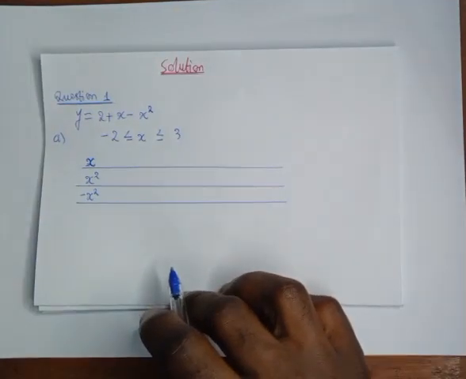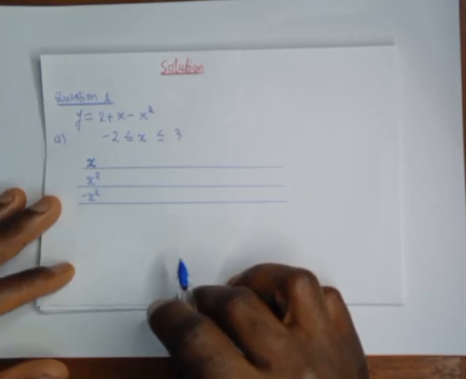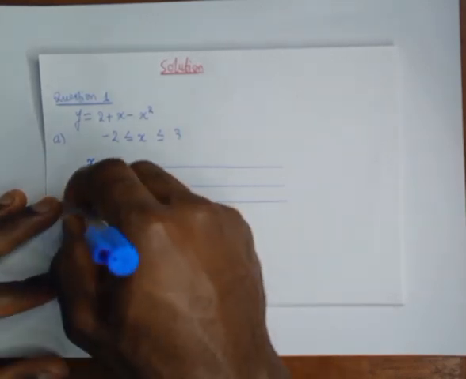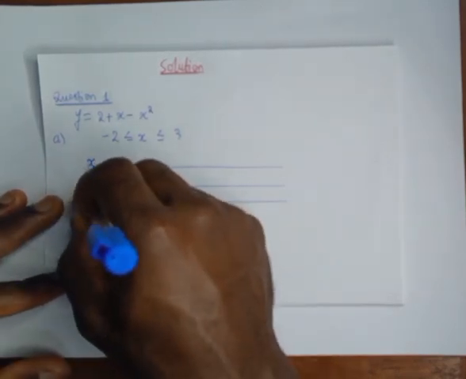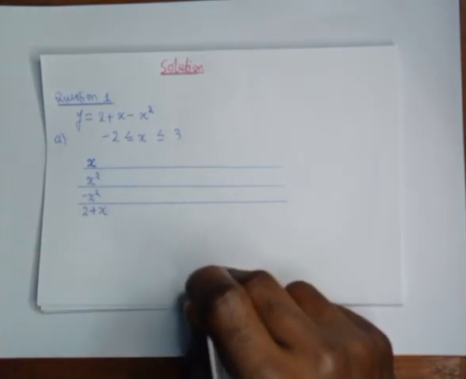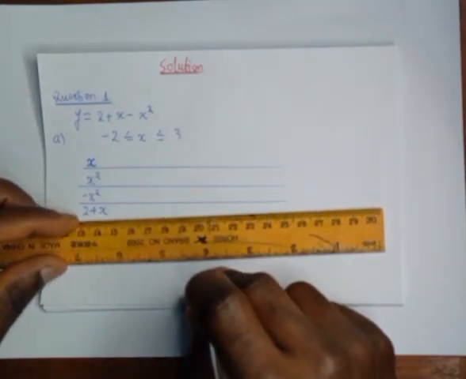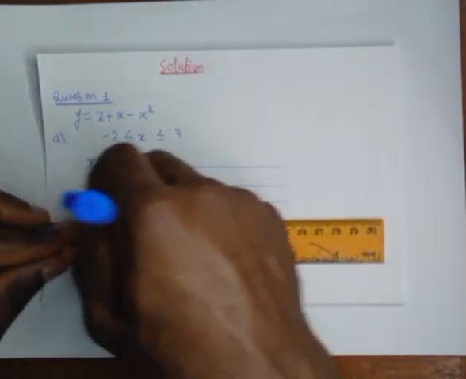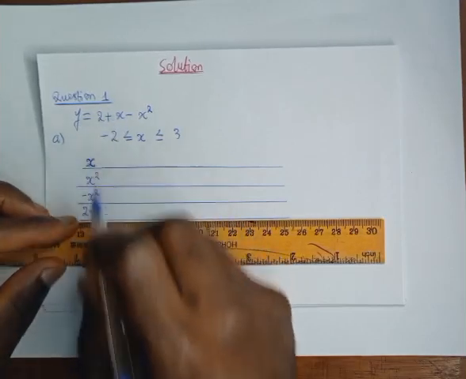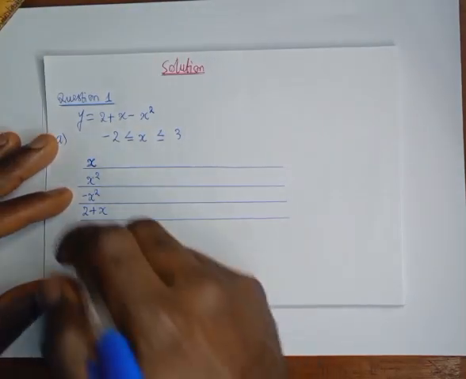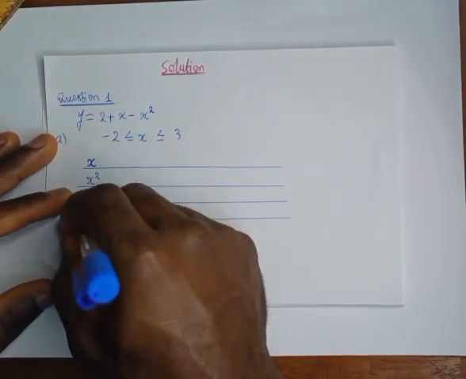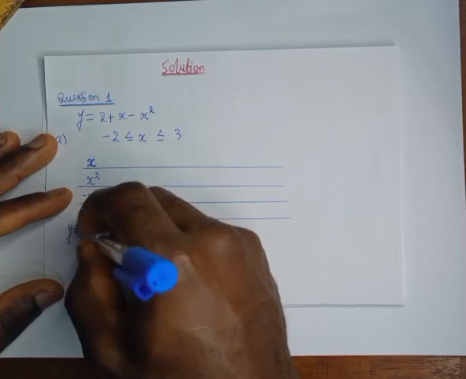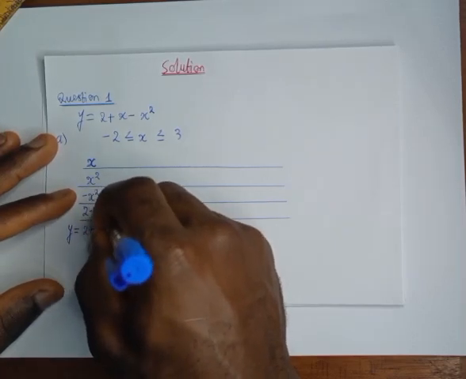The next row will carry 2 plus x. 2 is a constant. The next row will carry y, which is equal to 2 plus x minus x squared.